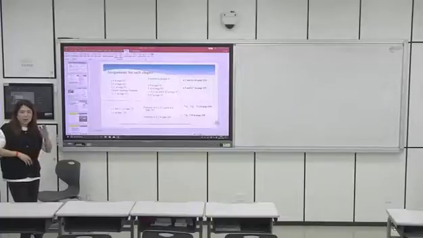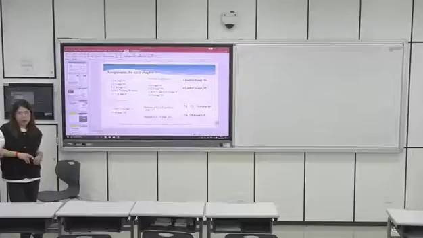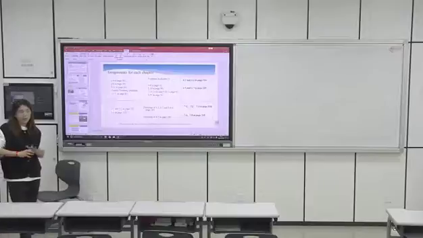We say that soil is a very special material because it has 3 phases. One is water, air, and soil particle, right? We have the solid part and the fluid part, but the fluid part consists of 2. One is water, another is air, right?